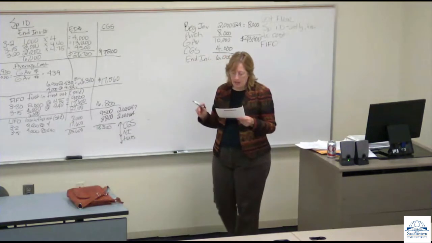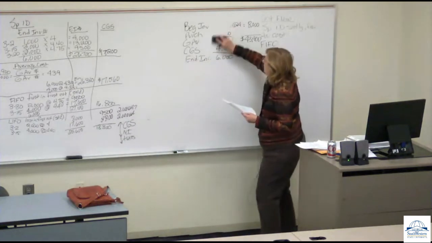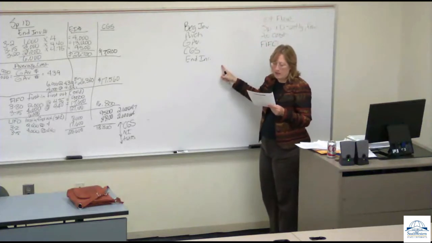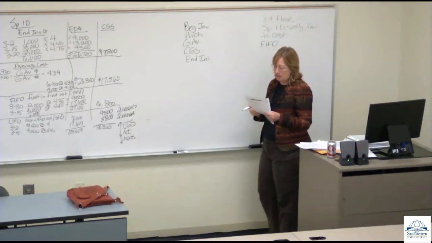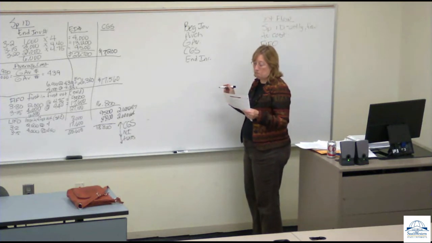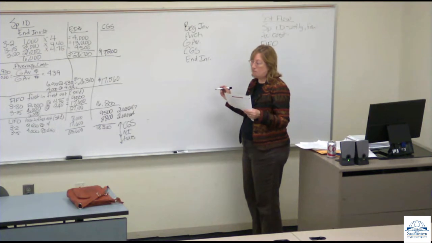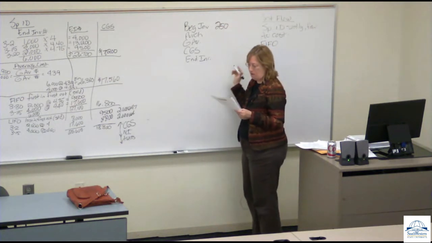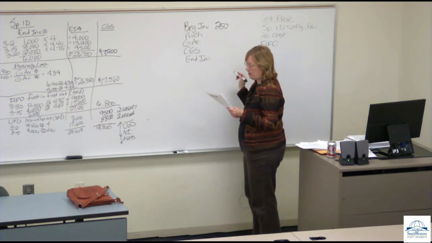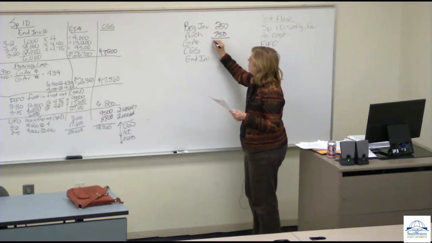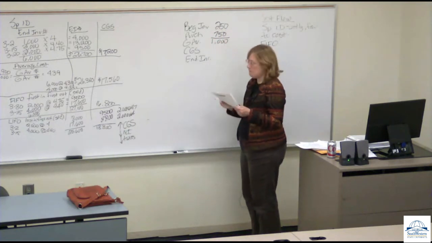Here's what has happened. Now, the first thing that I like to do, remember, is get this part down pat. What's happened here? Our beginning inventory is how much? $250. All right, our purchases, how much? So $750 for goods available of 1,000, right?